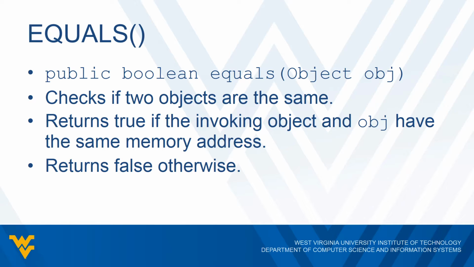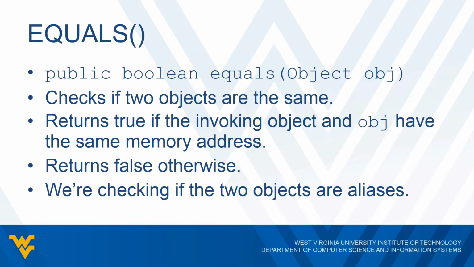So we're not checking to see if these two objects have the same data. We're checking to see if they point to the same memory address. What we're really checking here is if the two objects are aliases. By an alias, I mean that I can have an object and then maybe I don't like that name for whatever reason. Maybe we want to use a different name but have it point to the same data in our memory.